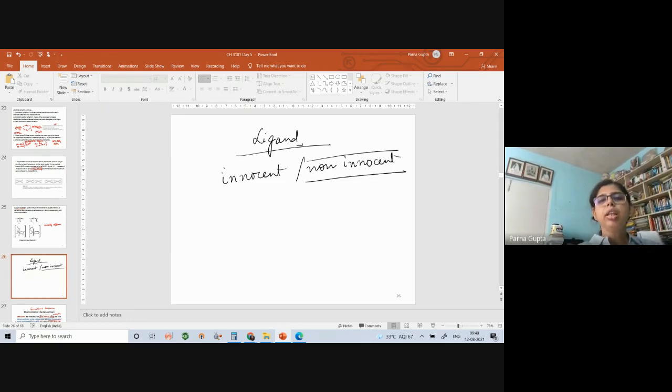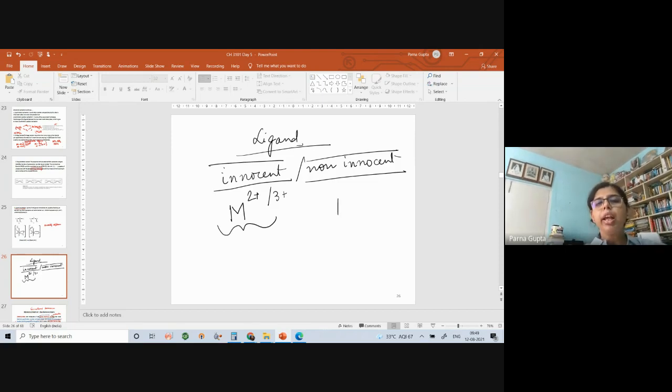Right, so there is a term for ligands which is called innocent and non-innocent. So what happens? You have a metal M, and you may have M2+ or 3+, anything. Again, try to understand the concept.